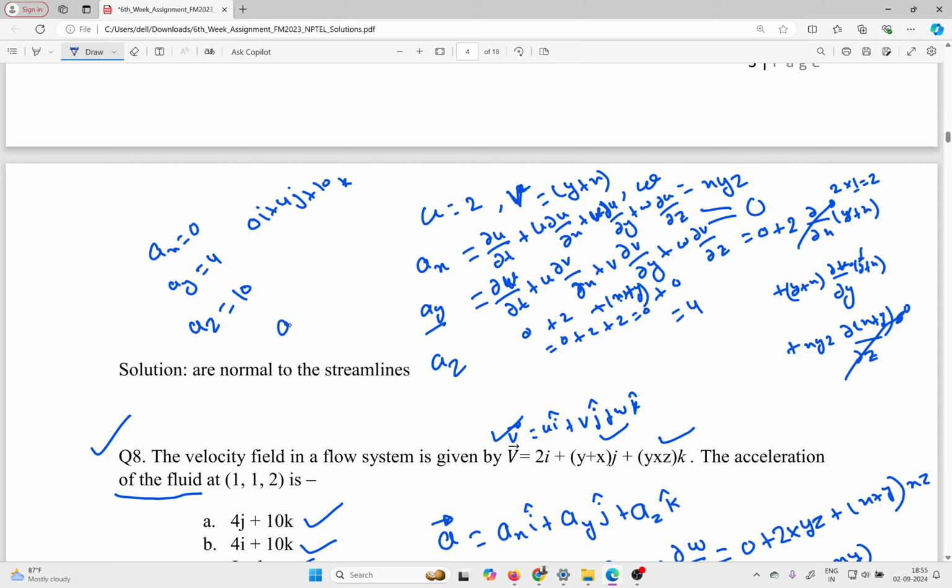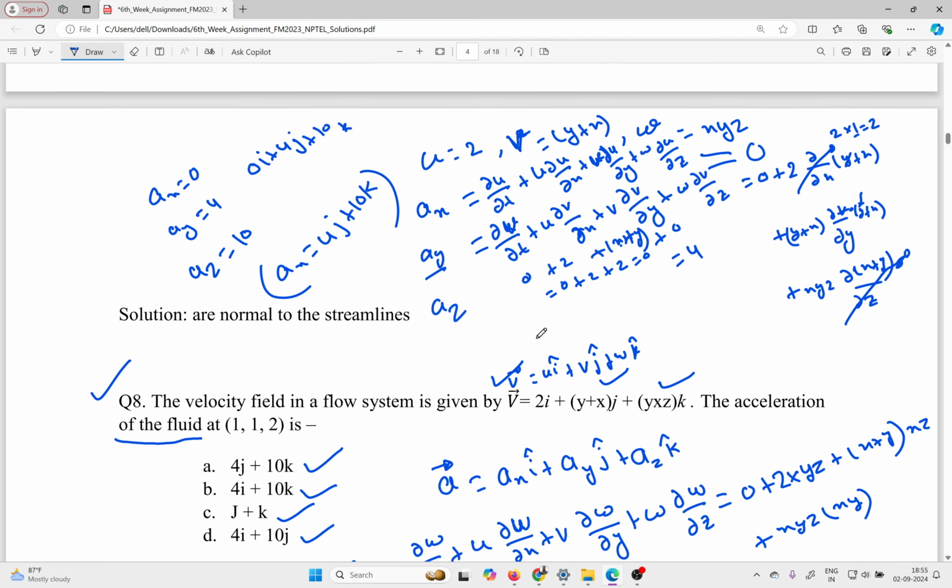So ax is 0, which means nothing here, so 4j plus 10k, so your option A will be correct. There is a lot of calculation, but there is no need to calculate the z component if your question is objective type, because you can, whatever I told earlier just a few minutes back, choose the answer like that.